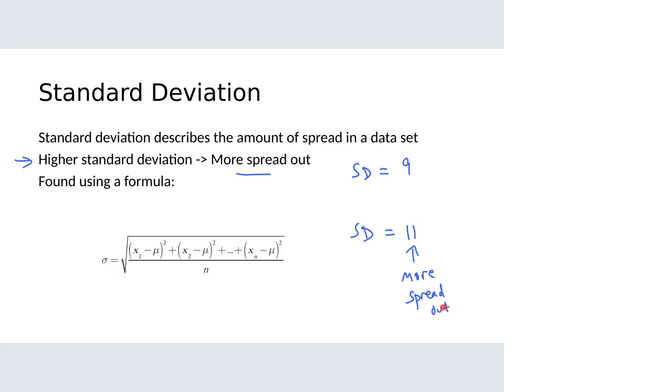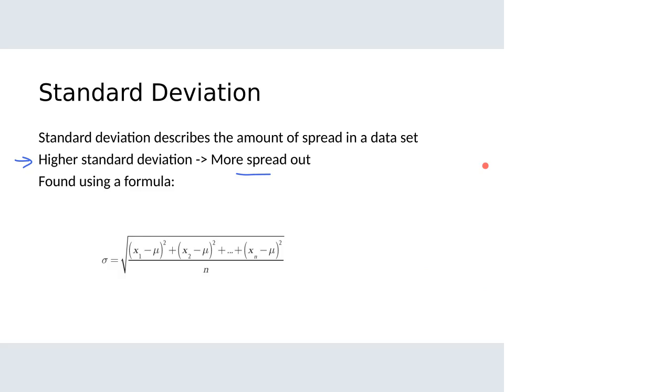They were all kind of together. And the other class were more spread out. I had some really high ones, some really low ones. They're all over the place. And that's a way that standard deviation can be useful in comparing two data sets. Which one is more spread out than the other can be determined by looking at standard deviation.